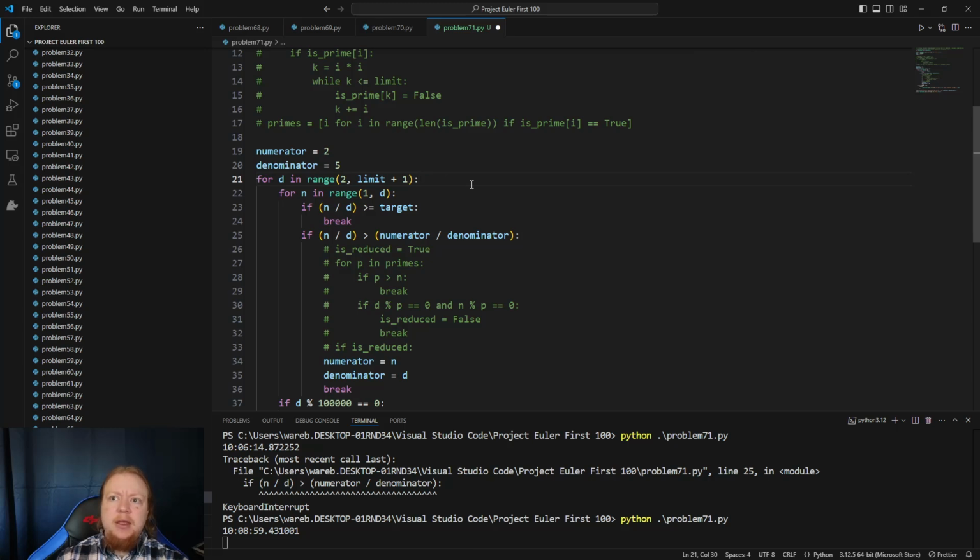So if you multiply 5 times 0.4, you get 2. So in order to find the best n to start with, I think that it's going to be d times numerator divided by denominator.